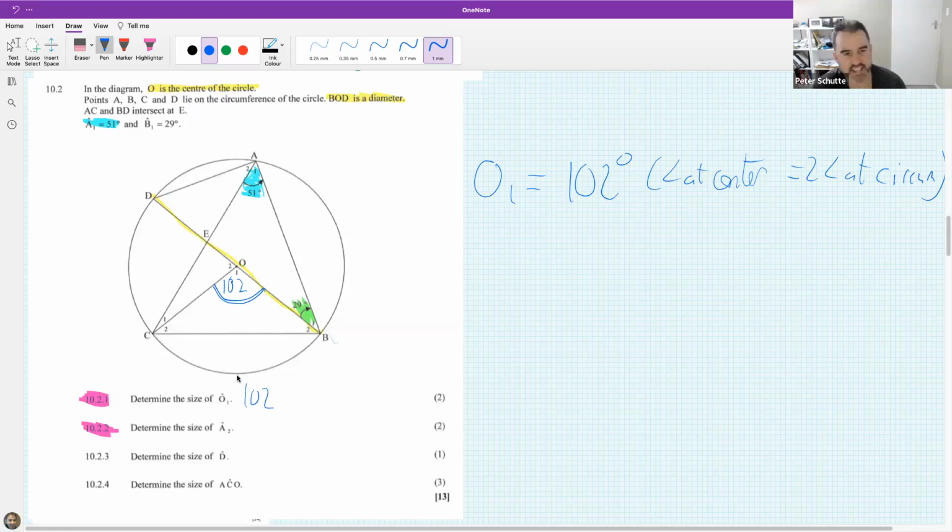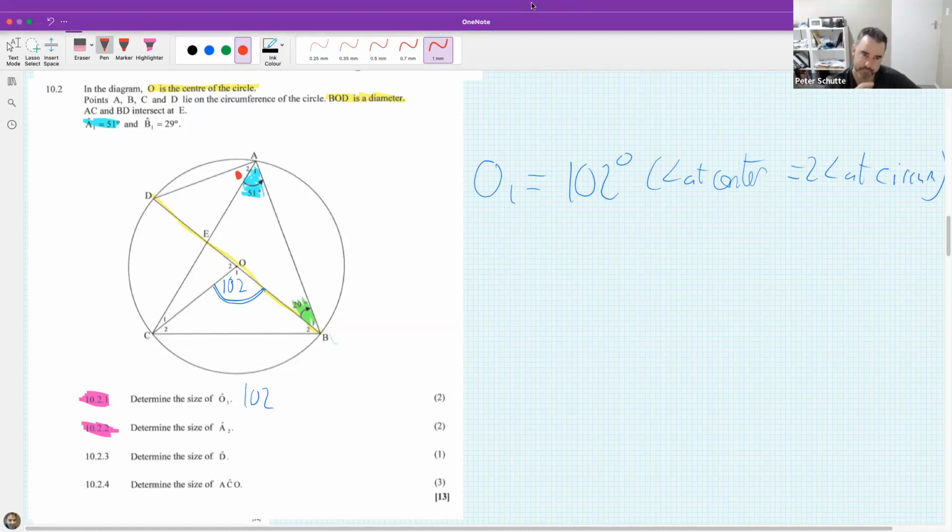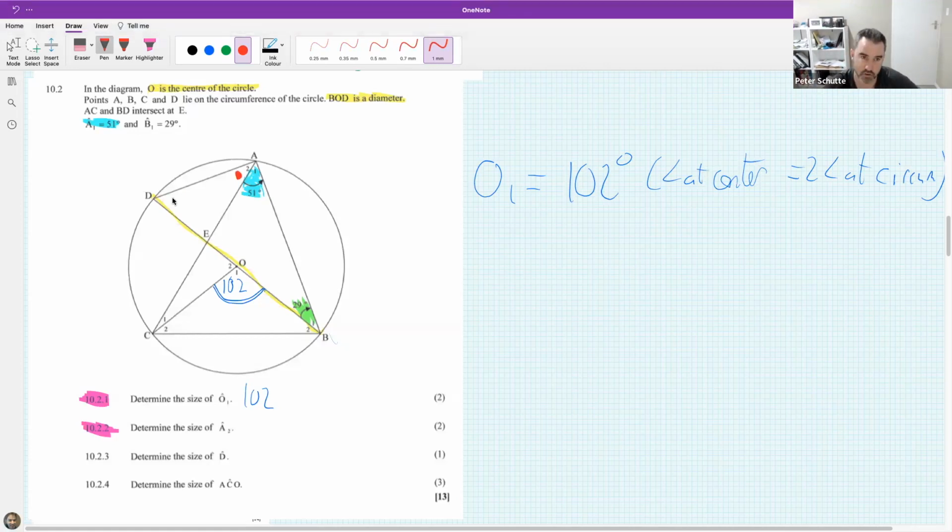What about A2? A2 is sitting up here. So what are we going to get for that? Well, I agree that there's a diameter involved. Many students are pointing out that this has to be 90 degrees because of the diameter DB.